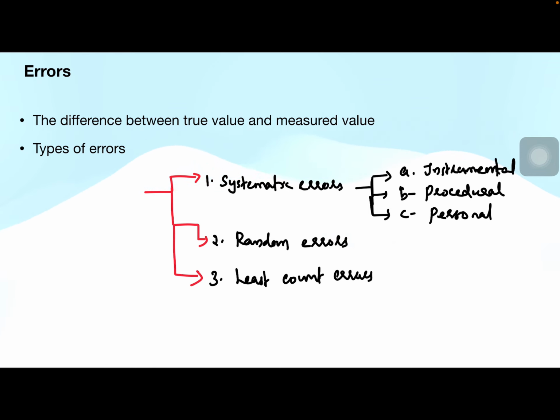But if you are using an instrument whose least count is only 0.1, then you cannot read 2.35; you can read only 2.3, then the next reading will be 2.4. That is because of the least count problem. We are using a device whose least count is not sufficient to give the exact value. The errors that arise due to such conditions are known as least count errors. These are the major types of errors.